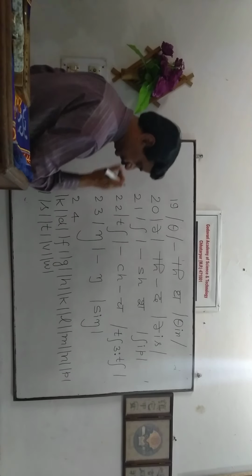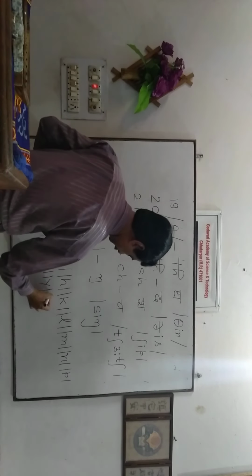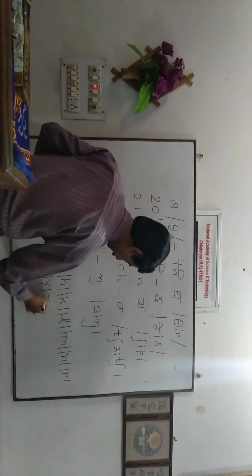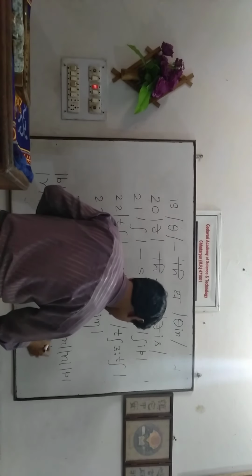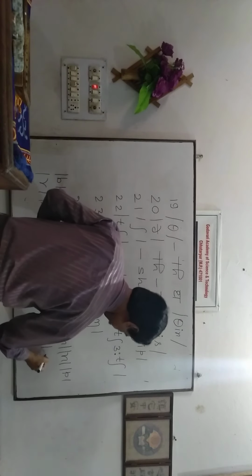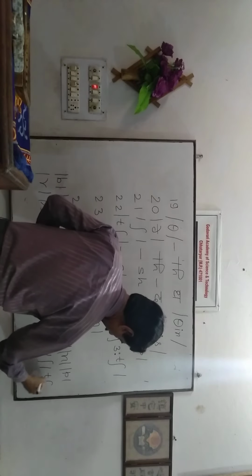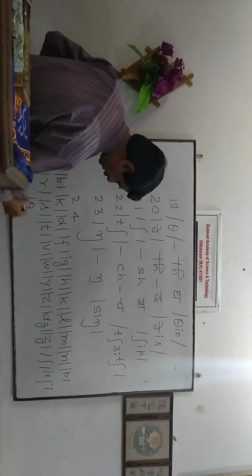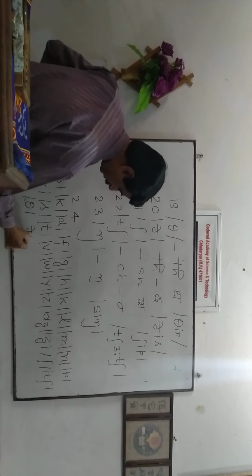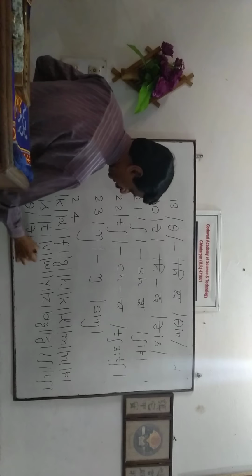W, Y, Z, DZ, decimal, SH, cha, theta, tau and NG. How many?